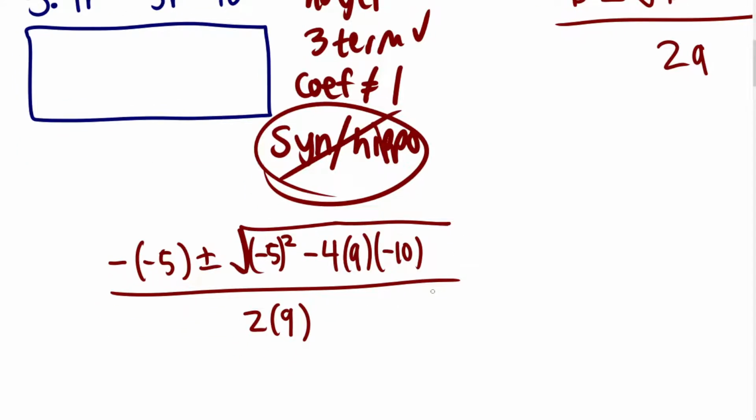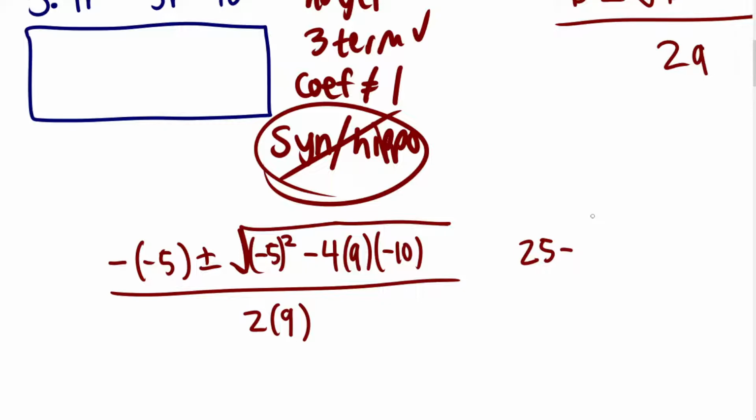So now we will go PEMDAS in this little statement here, which is going to be 25 minus negative 4 times 9 times negative 10.